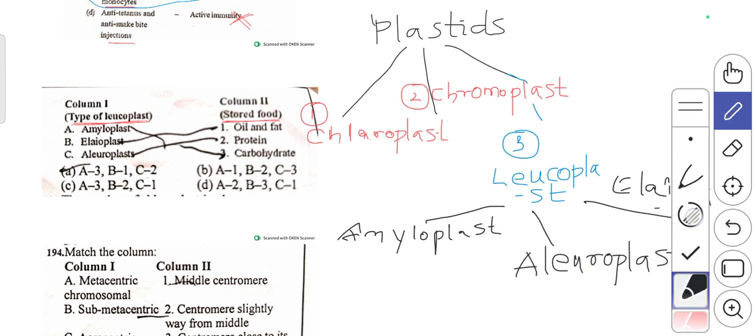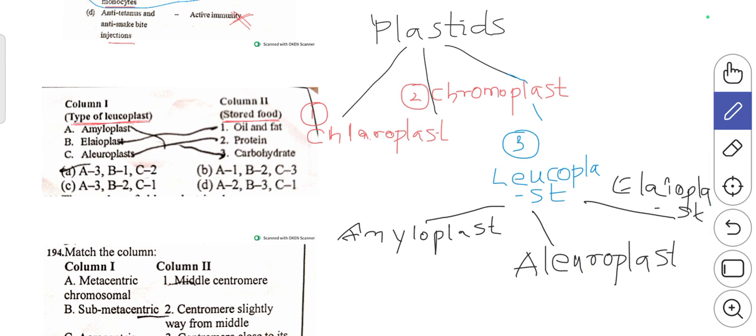So this is the actual classification of the plastids. The chloroplast contains chlorophyll pigment. A chromoplast contains other colored pigments like fat soluble pigments, carotenoids and xanthophylls. The leucoplast is considered a colorless plastid.